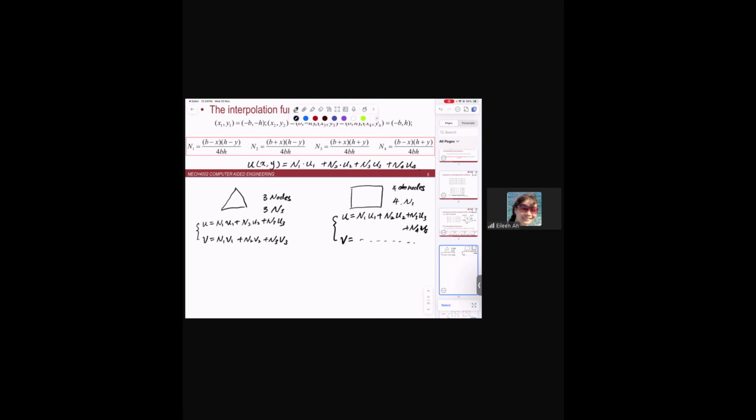Okay, now we have the shape functions, but as I mentioned, these shape functions, those 4 N's, are for a very, very special rectangular element.